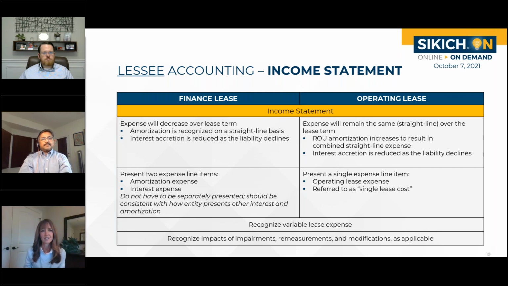But for now, moving on to the second row, in the finance category, expense is reflected in the P&L as two distinct parts, amortization expense and interest expense. For operating leases, expense is recorded in just one single line item, operating lease expense. And moving down this chart, both finance and operating leases may reflect variable lease expenses, depending on how certain lease payments are designed. And again, for them, the P&L may be impacted by certain future events.